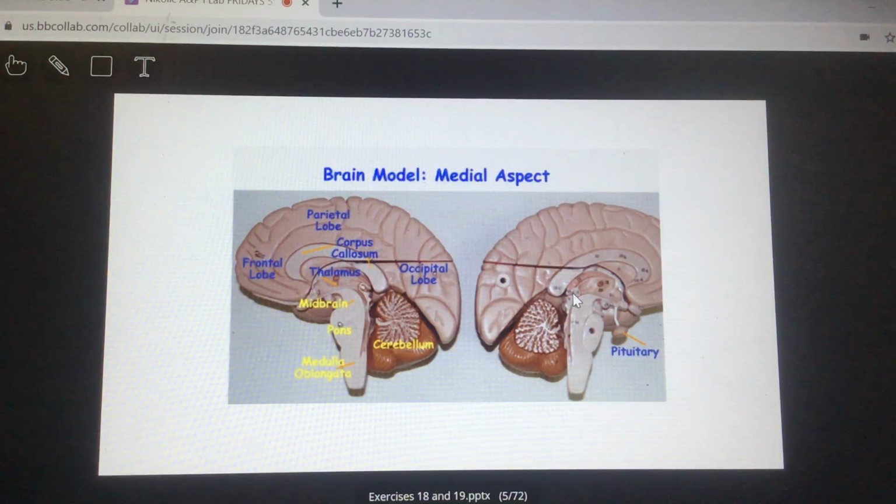It's going to cover the thalamus, which in our book is called the thalamus with the intermediate mass. This little dot here is the intermediate mass. It's also called the interthalamic adhesion. I don't like that. I like intermediate mass, that's easier for me. So what we're looking at right in the middle is the thalamus with intermediate mass.